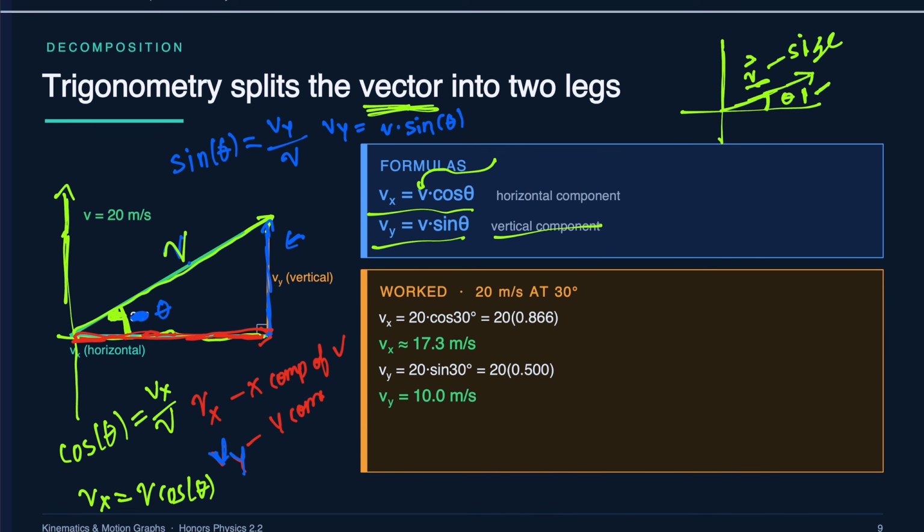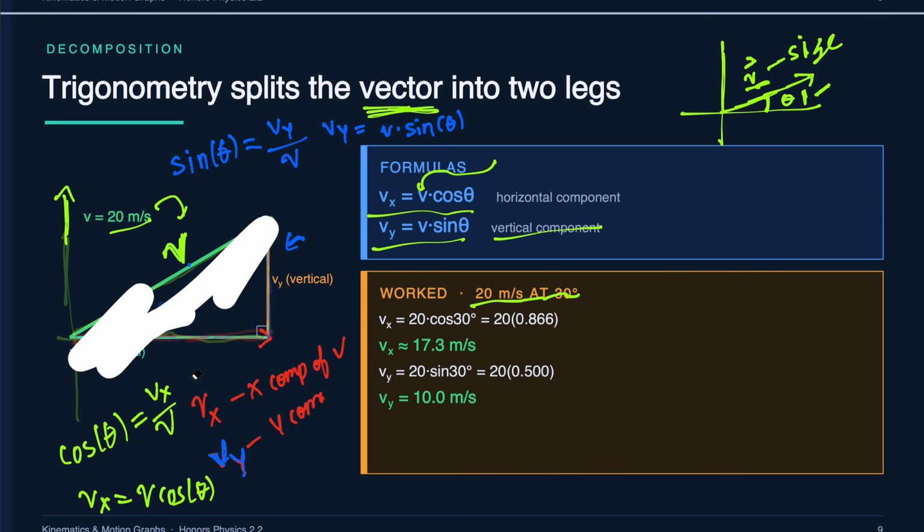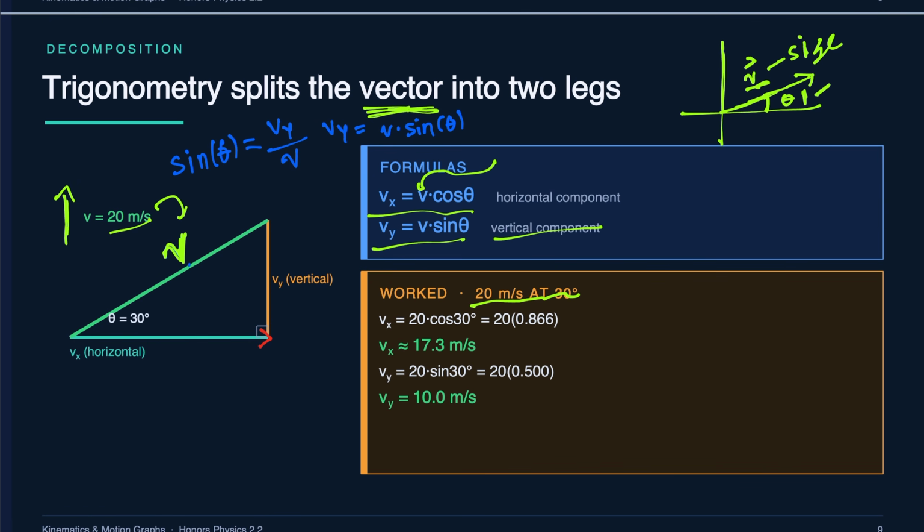So that's how you find the horizontal component or the vertical component, knowing the V value, or basically the magnitude. So if I said the vector's magnitude is 20 meters per second, okay, and it's at an angle 30 degrees from the x-axis, then how would you find the Vy component and the Vx component?